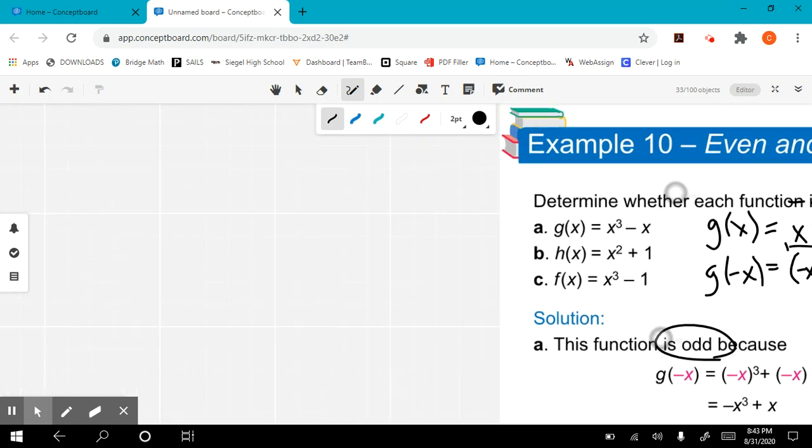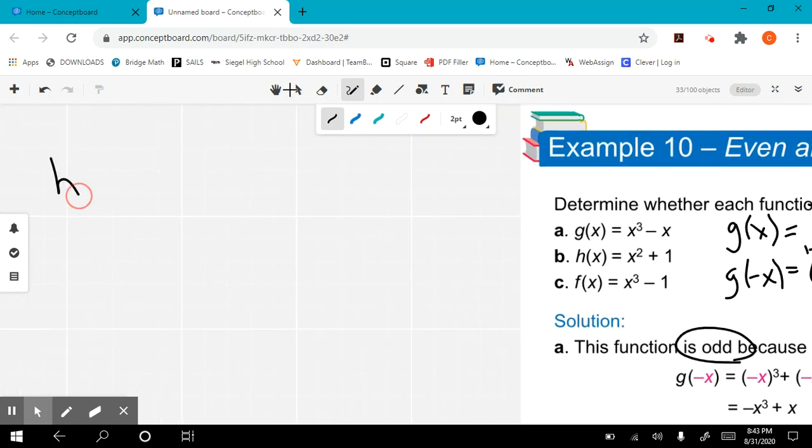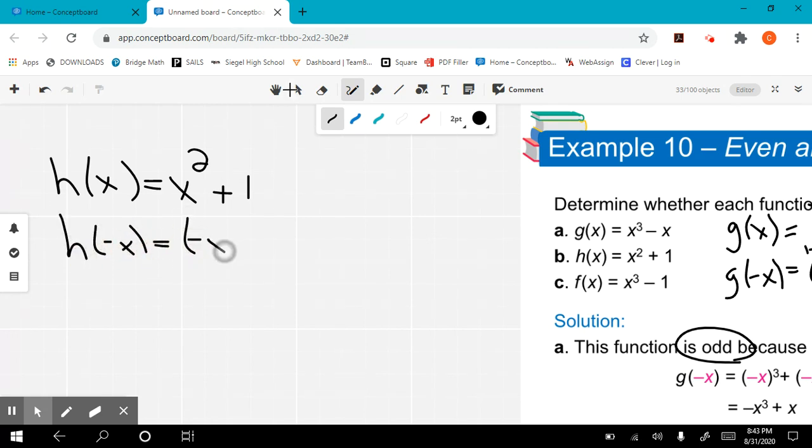Let's look at the next one. H of x is equal to x squared plus 1. All right, I'm going to plug in negative x for x. So that's going to be negative x squared plus 1. Well, what's negative x squared? Negative 1 times negative 1 is 1, and x times x is x squared.